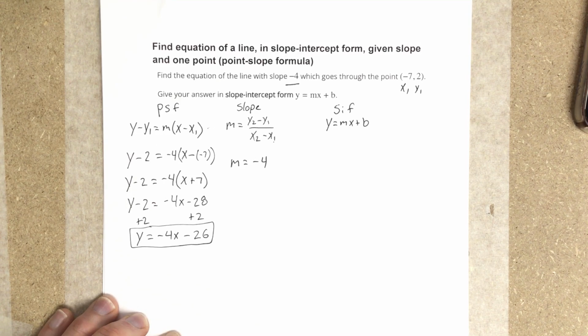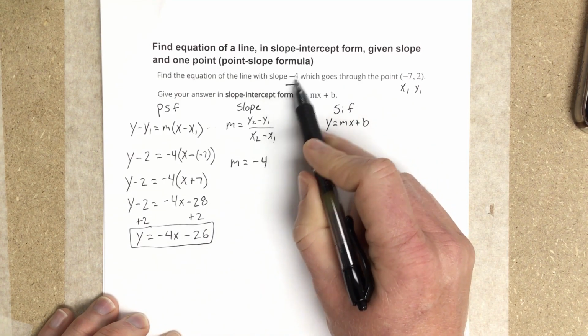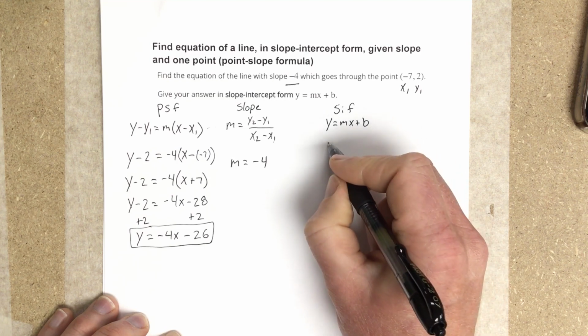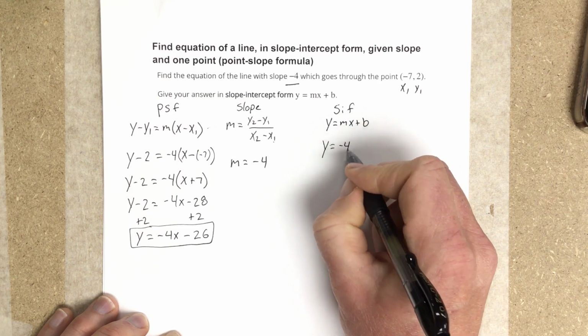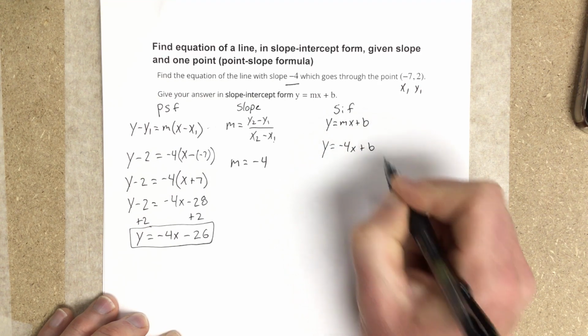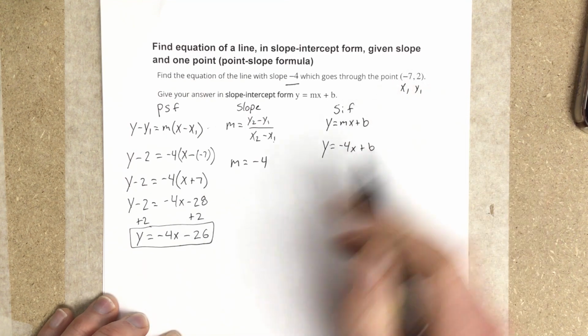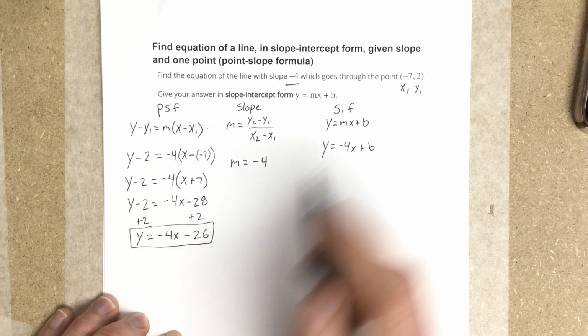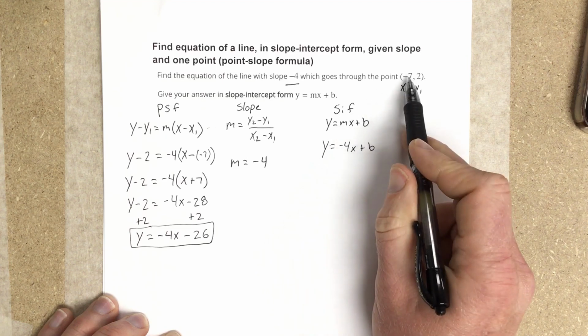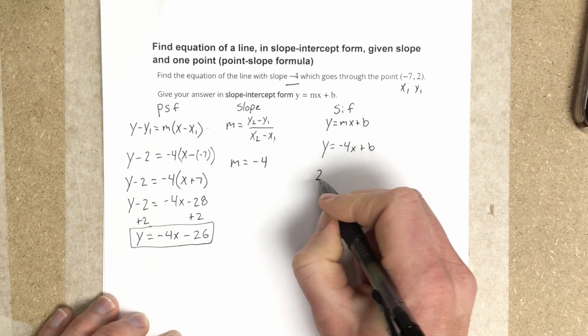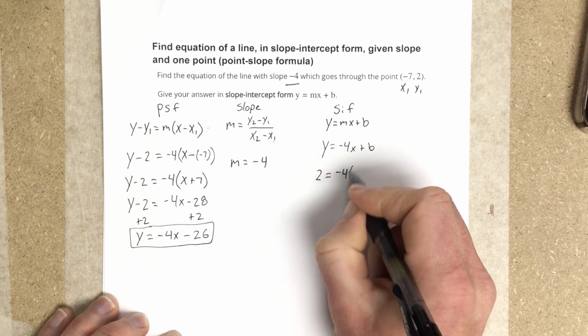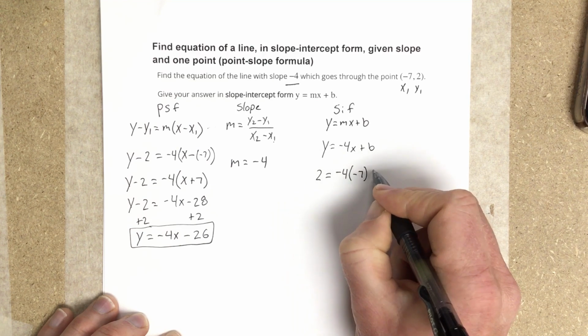Now you could have just taken the -4, plugged it into slope-intercept form, and then taken the coordinate and found b. So I take the 2, plug it in for y, take the -7, plug it in for x. So I have 2 equals -4 times -7 plus b.